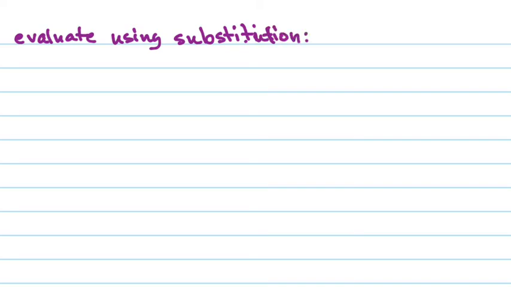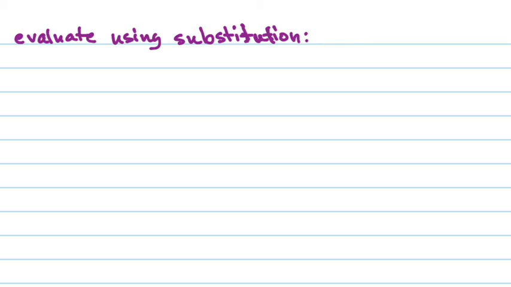You've heard the word substitute before. Substitute simply means to put something in place of something else, like a substitute teacher. Exactly. So we're going to look at the process for doing that.